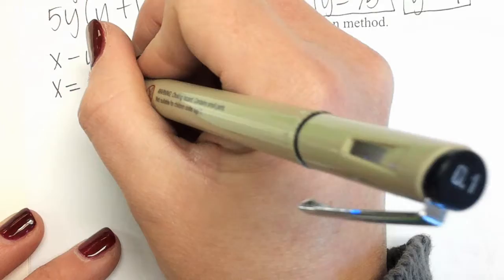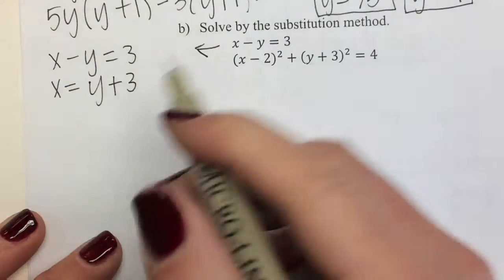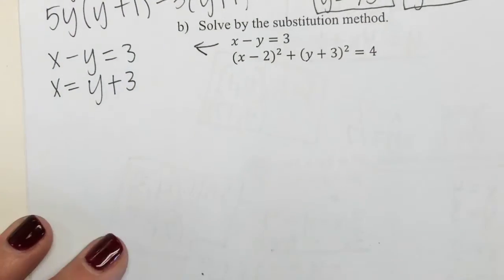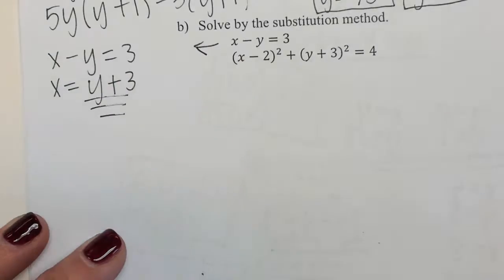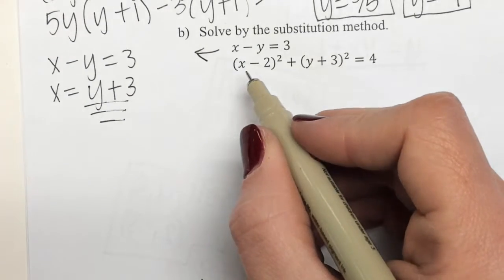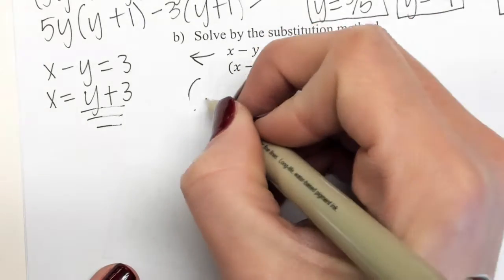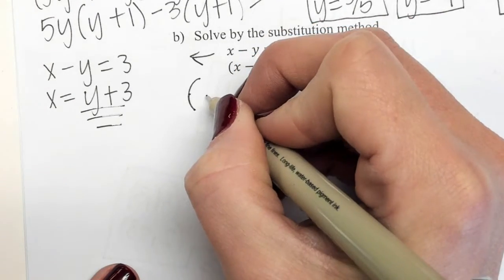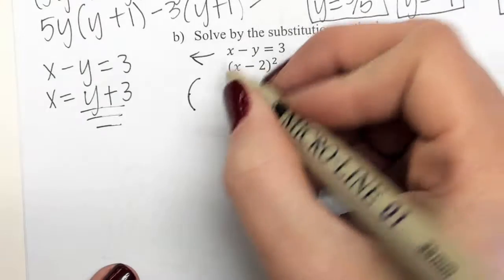Not minus y. Yes, because if I move it over, Antonio, by adding it, it'll become positive. So there's my x. Now I'm going to plug it in here. So what's that going to look like when I rewrite it? Yep, into the second equation.